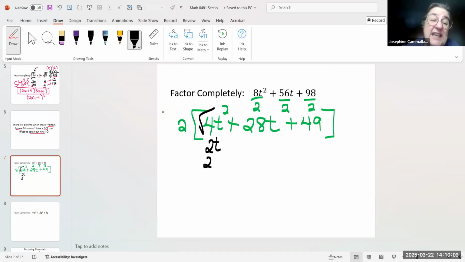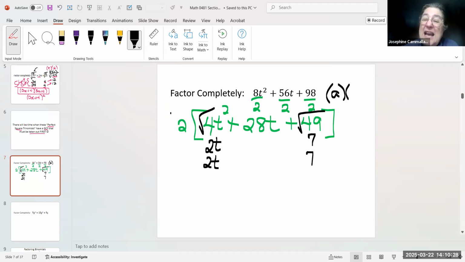And remember, I get a t that goes with each 2. But then I come down to the 49, and this is 7 times 7. Okay. Well, if I take A times C, which is 4 times 49, I'm going to get 196.